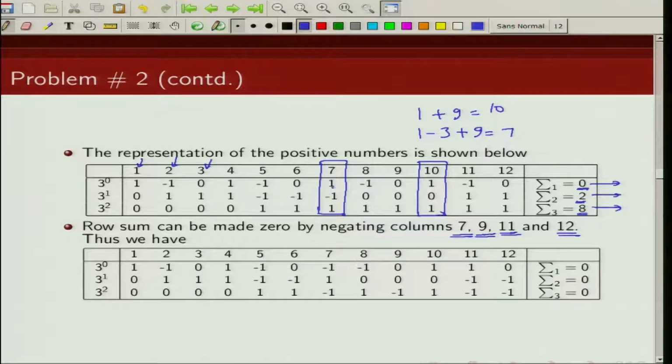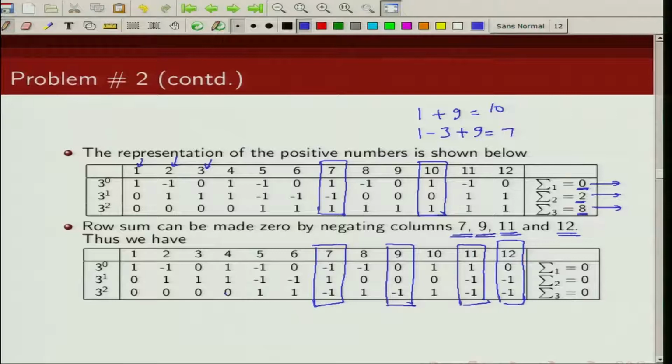So what I did was, 7 was 1, minus 1, 1. I made it minus 1, 1 and minus 1. Similarly 9 was 0, 0, 1. I made it 0, 0, minus 1. 11 was minus 1, 1, 1. I made it 1, minus 1, minus 1. And 12 was 0, 1, 1. I made it 0, minus 1, minus 1.